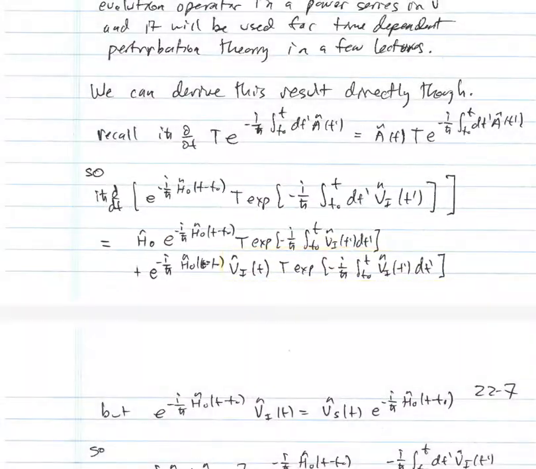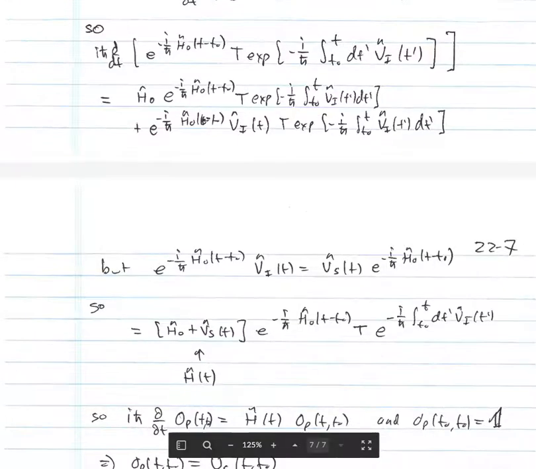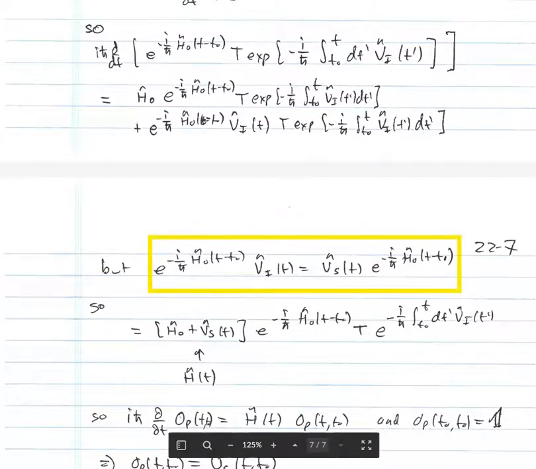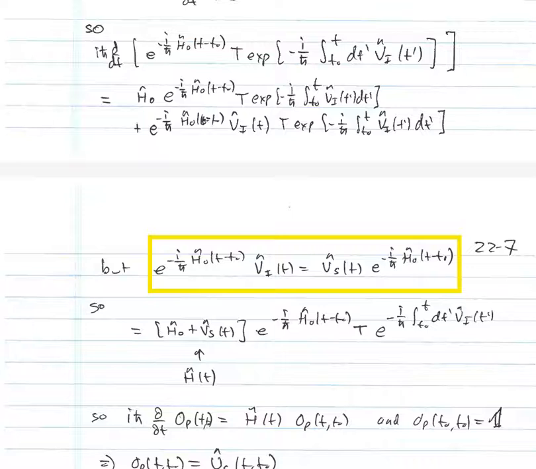Now I can take that H0 and pull it out to the left, and I can recall V_I of t is written as e to the plus i over h bar H0 (t minus t0), V of t, e to the minus i over h bar H0 (t minus t0). So I can write e to the minus i over h bar H0 (t minus t0) V_I of t equals V Schrodinger of t times e to the minus i over h bar H0 (t minus t0).